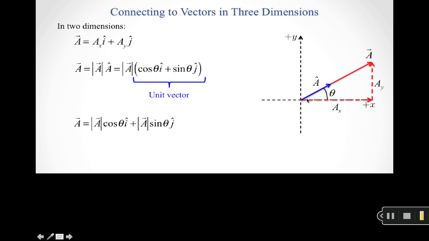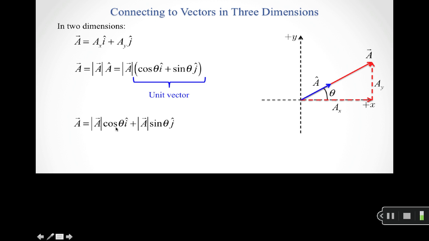In the way that we've been breaking up vectors so far this semester, we've said I need to think about a sign, a magnitude, and a trig function to figure out both of these components for a vector that doesn't lie along a coordinate axis. And here, since we're in the first quadrant, I know that both signs are going to be positive.